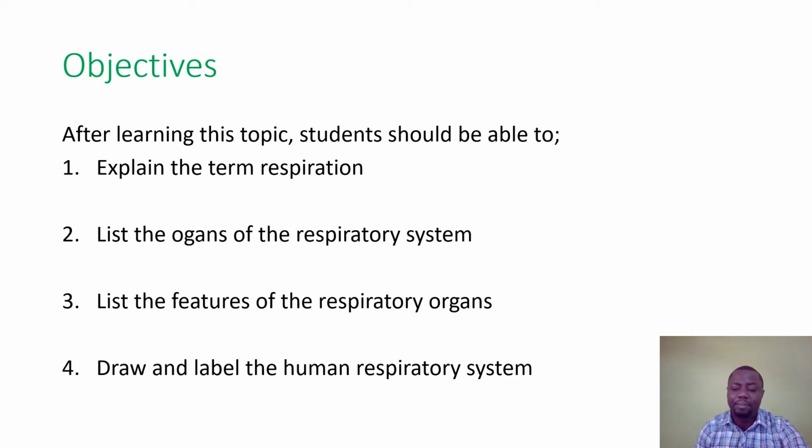These organs that make up the respiratory system, how do they look? How are they structured to help respiration? When we talk about features, we are talking about how the organs look. That is the third objective.